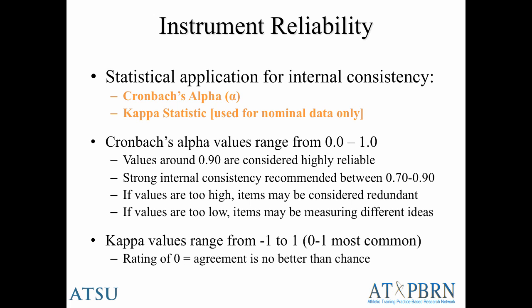For example, it is impossible for an individual to have a blood type of both type O negative and type A positive. Kappa values range from -1 to 1, although the range from 0 to 1 is most common. A rating of 0 indicates that the agreement is no better than by chance.